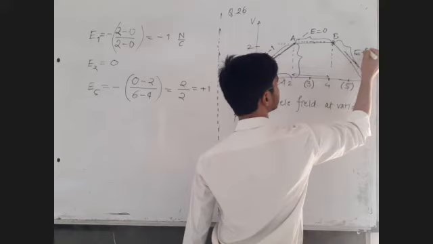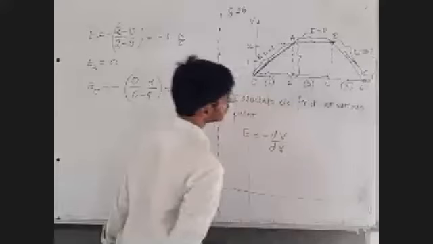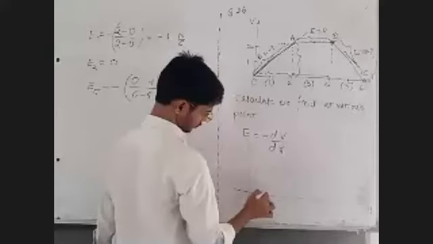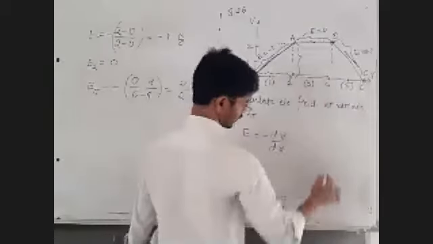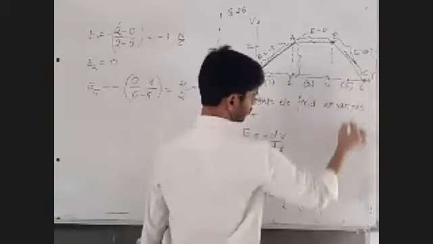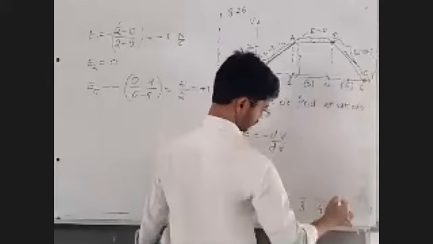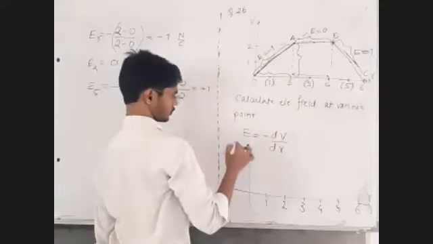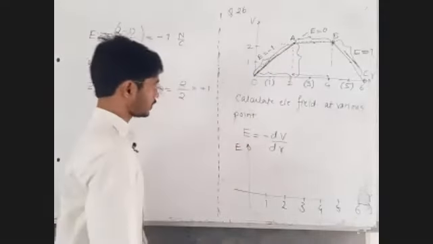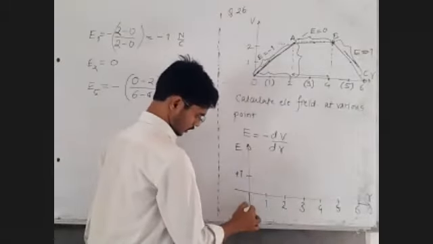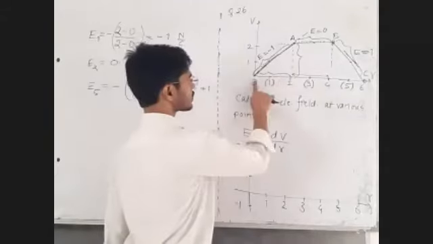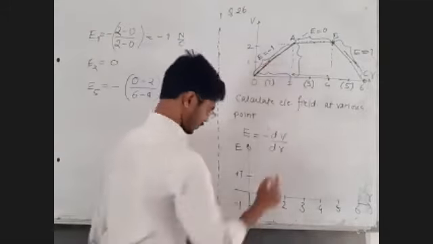Okay, if you draw the graph corresponding to the same graph, if you want to draw the graph of electric field, here we have 1, here we have 2, here we have 3, here we have 4, here we have 5. Now we will be plotting E instead of V. Electric field here plus 1 and here minus 1.